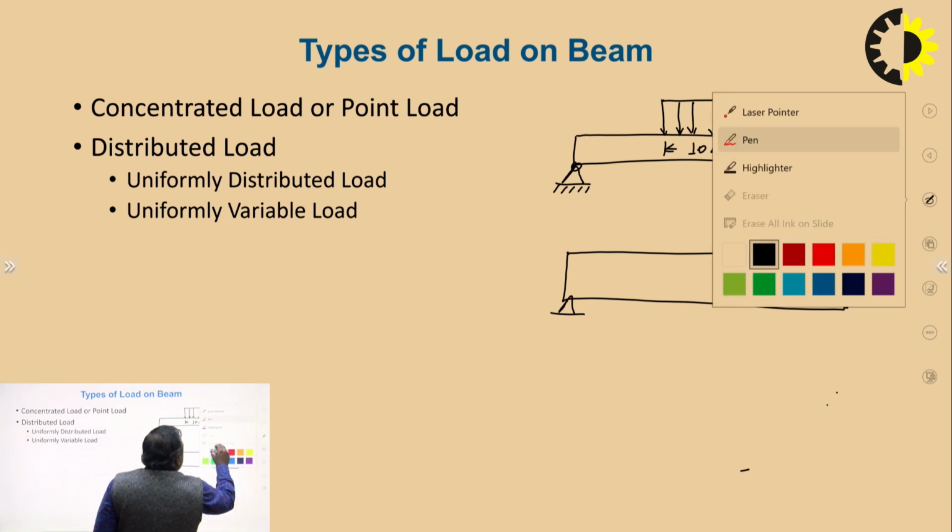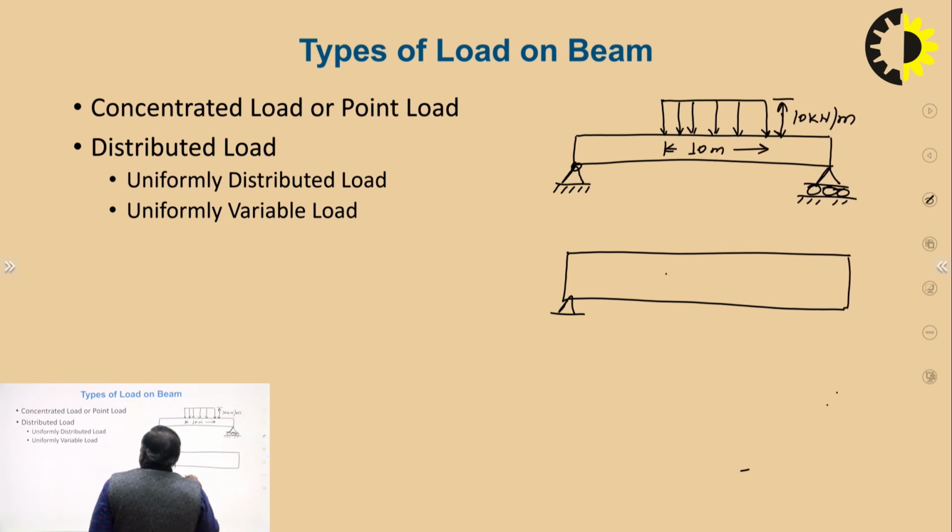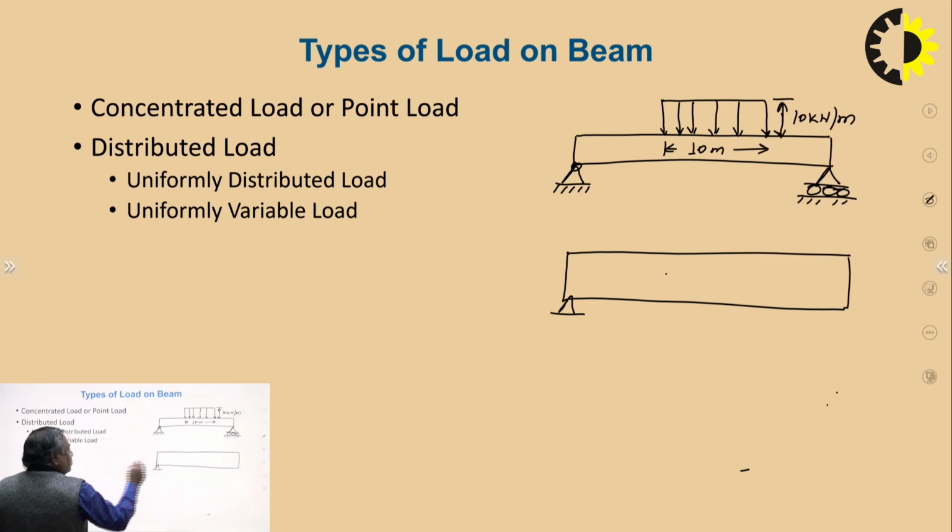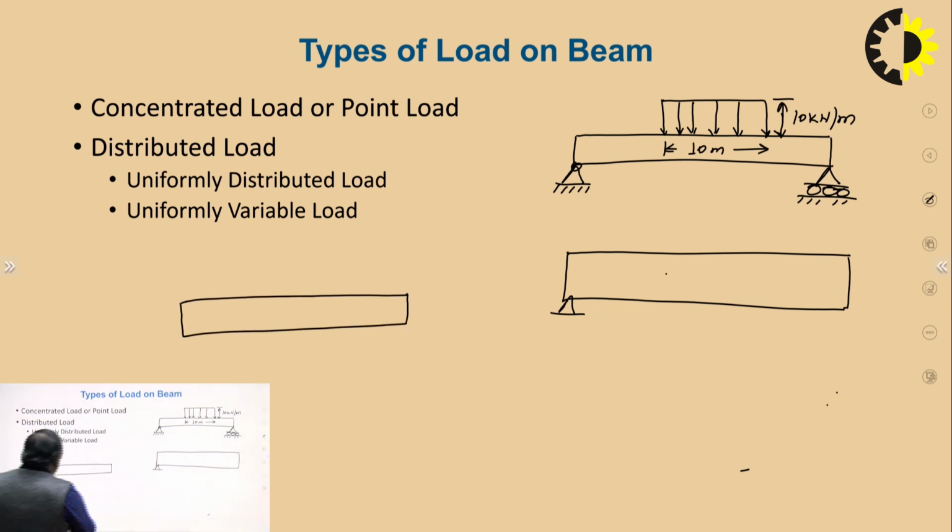Now we move to the UVL, uniformly variable. Here this is hinge, this is roller.